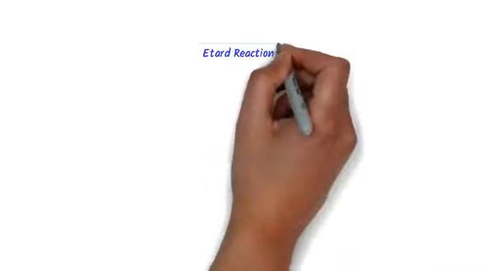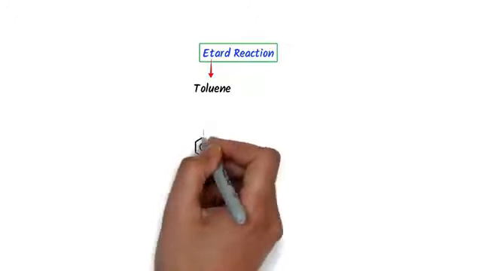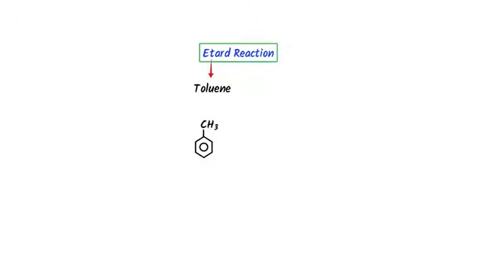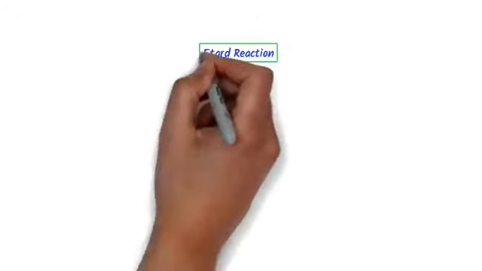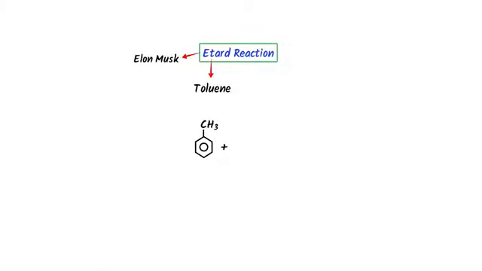Now let me teach you Etard reaction. Well, this T and Etard reaction reminds me toluene. So I write toluene, which is CH3 plus benzene ring. Secondly, this E reminds me Elon Musk. We know that he is crazy and clever.